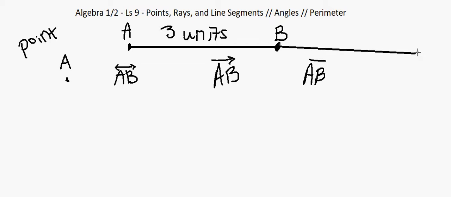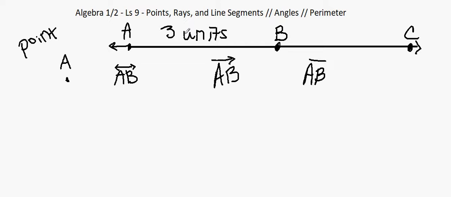Line like so. And let's put another point here, A, B, C. And just for fun, let's say this is all on a line, but AB is still a segment.